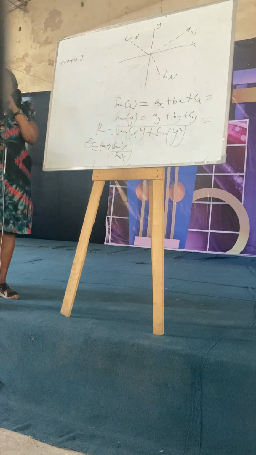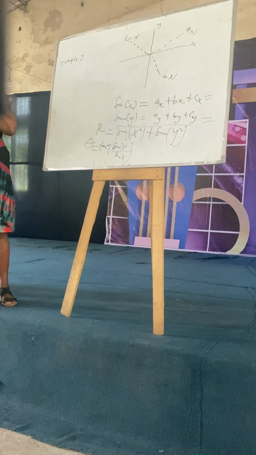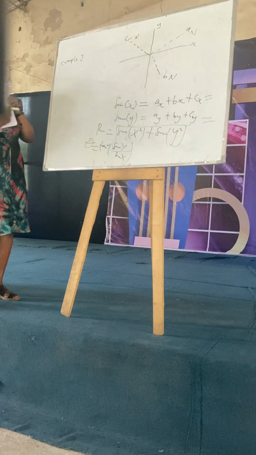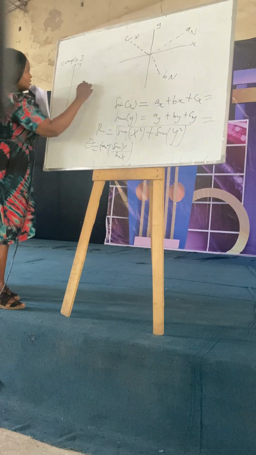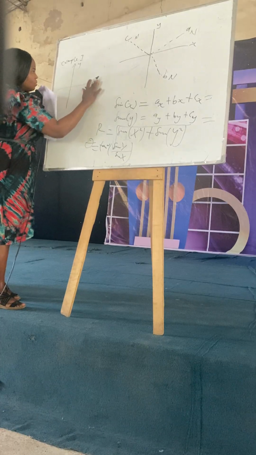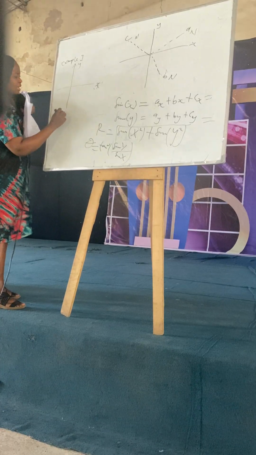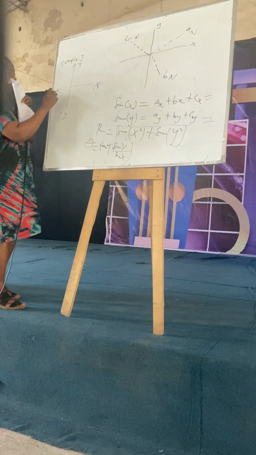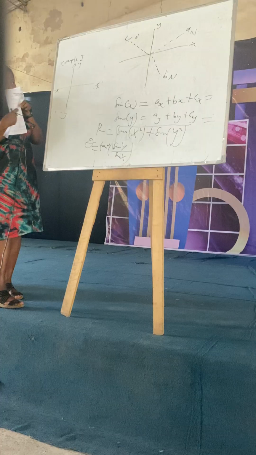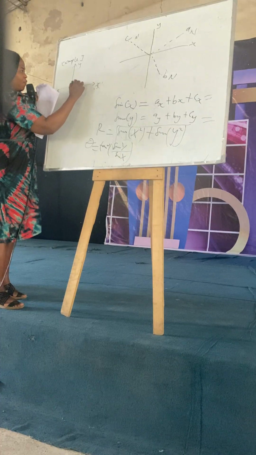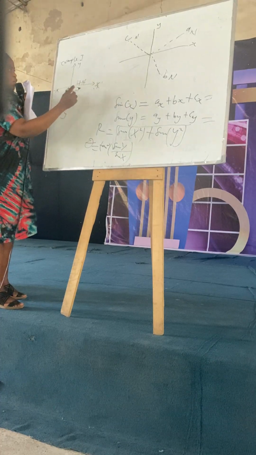Now if you have these three vectors, first of all we have this axis is y, this axis is x, sorry. This axis is minus y, minus x, right? We have these vectors inclined. One is horizontal, 4 Newton.